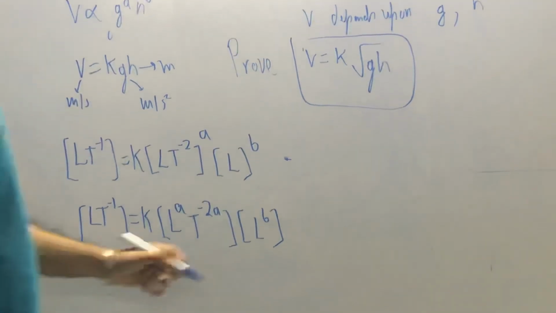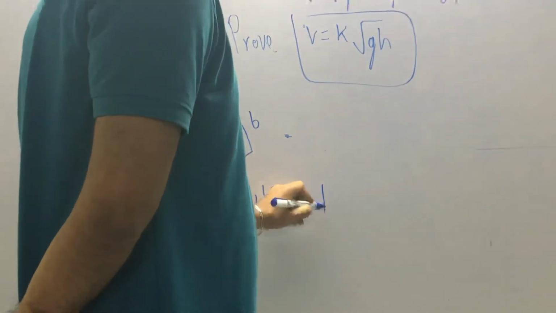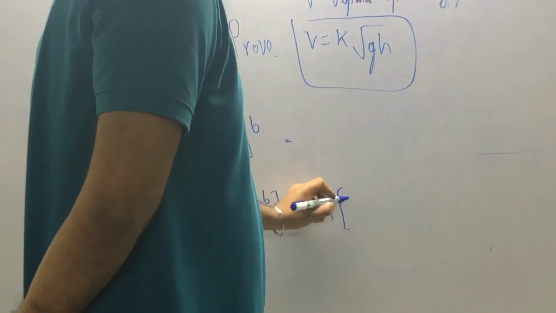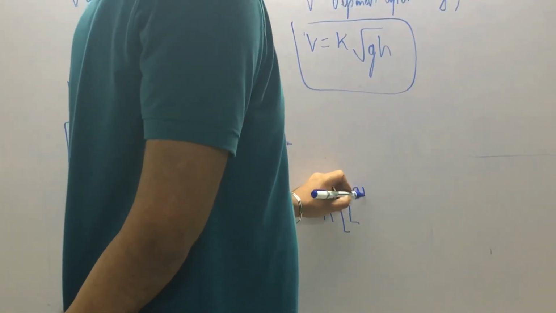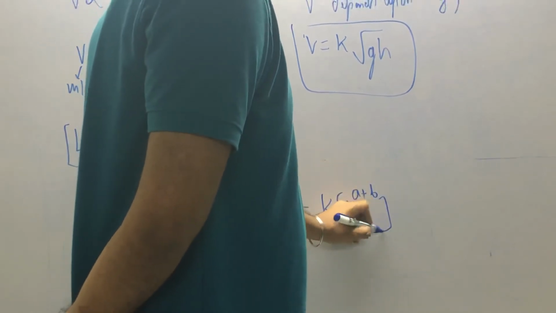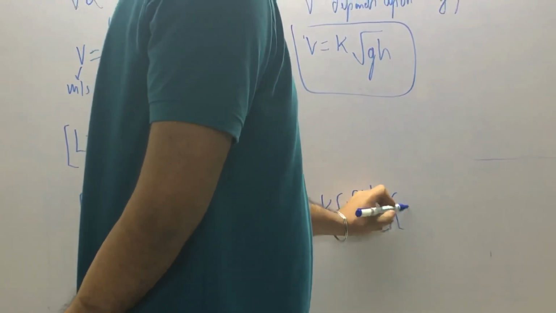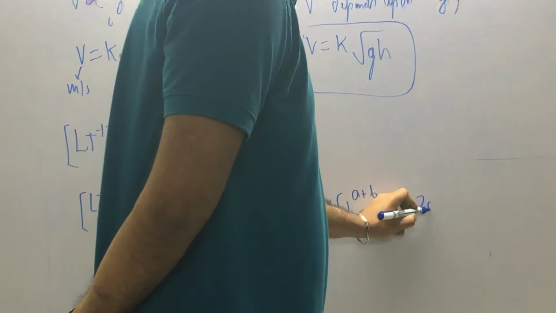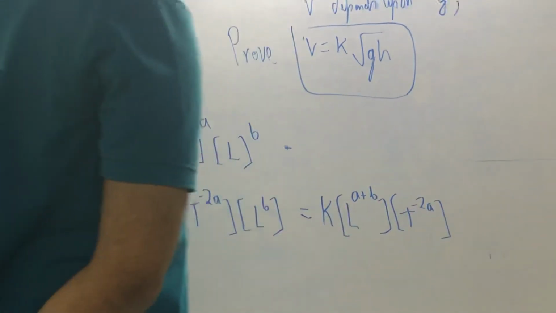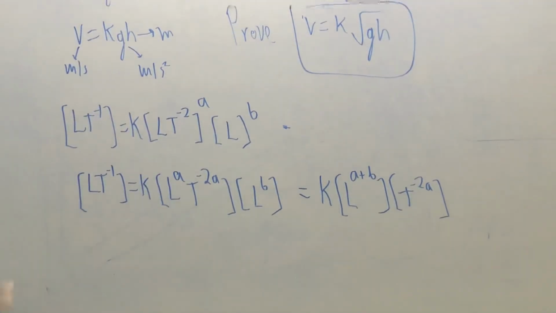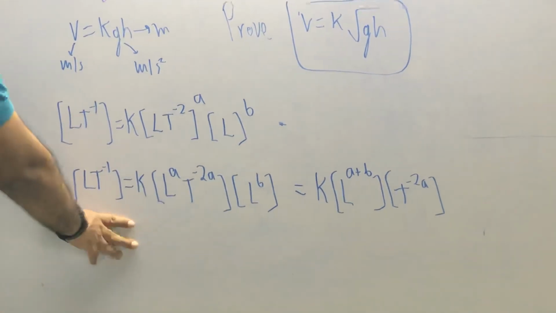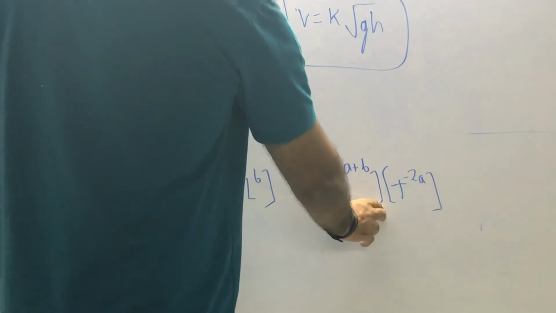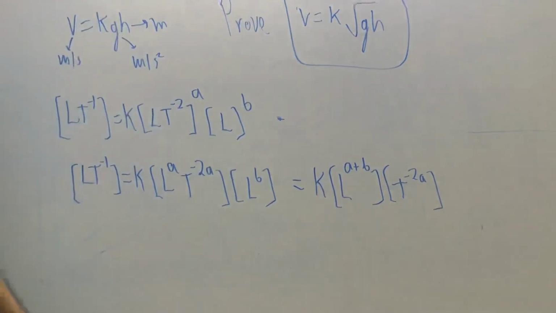How will you write it now? We will write it like k L raised to the power a plus b, T raised to the power minus 2a. This was the RHS. LHS is LT raised to the power minus 1. RHS is k L raised to the power a plus b, T raised to the power minus 2a.